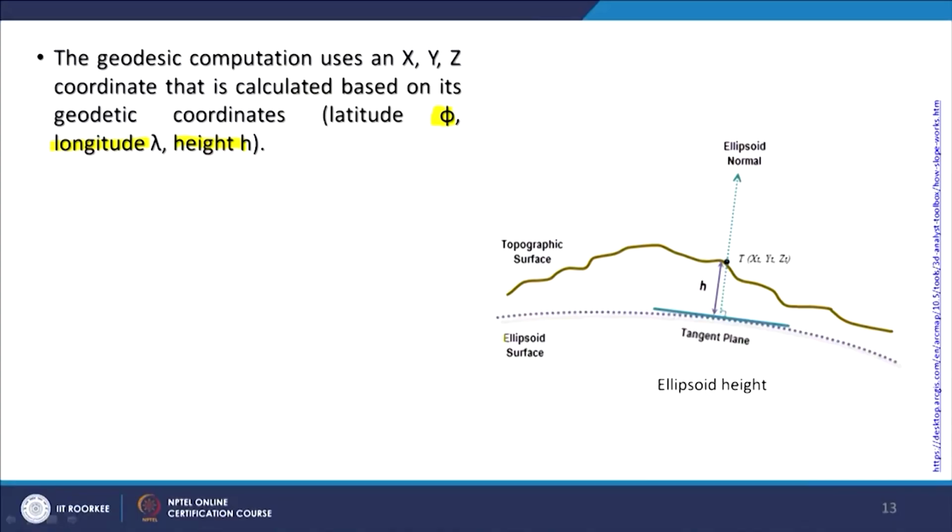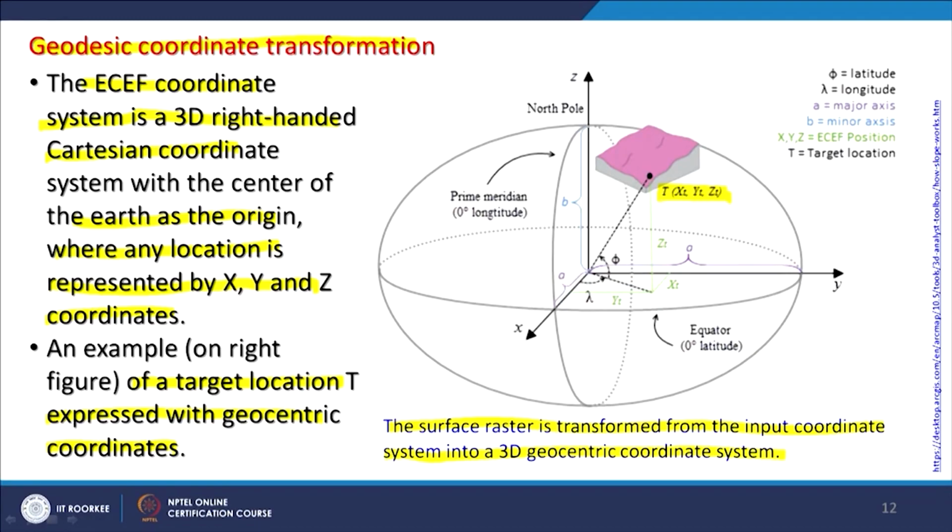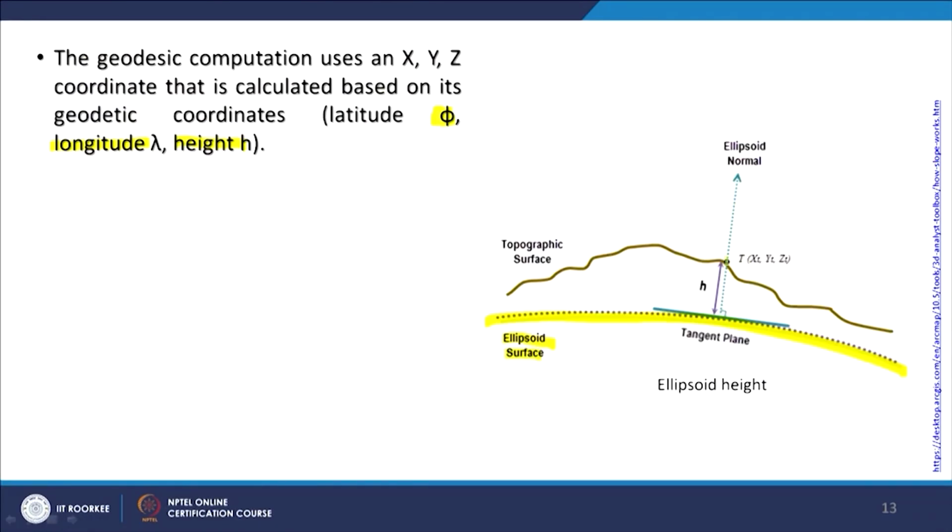Like here, this is the ellipsoid surface, and what you are basically calculating, the T we just discussed in the previous figure, with x1, y1 and z1, is what we get above the topographic surface. But whether that height is perpendicular to the tangent plane that is just touching this ellipsoid surface or not.